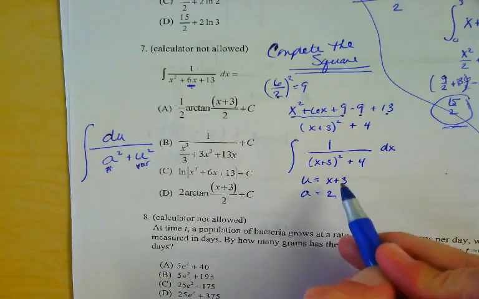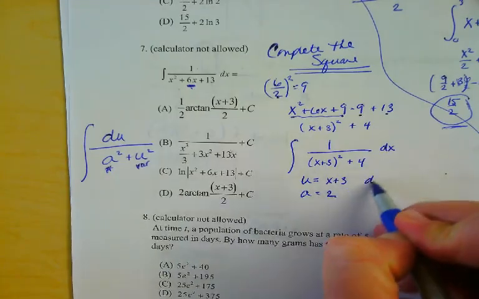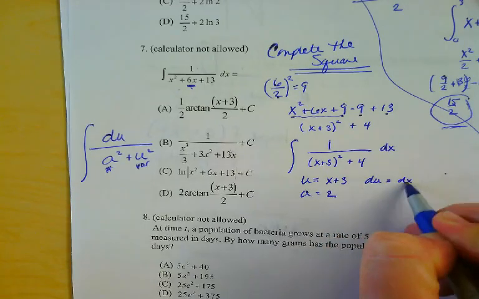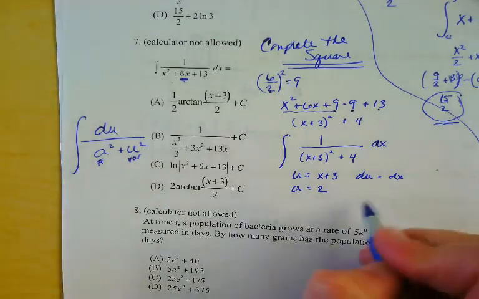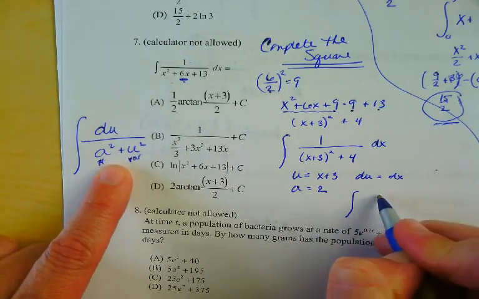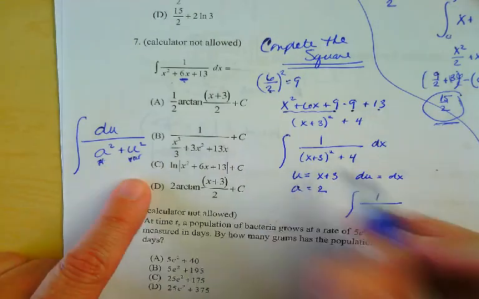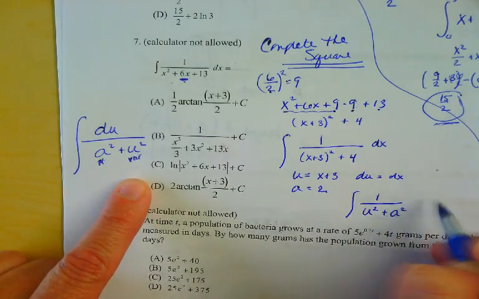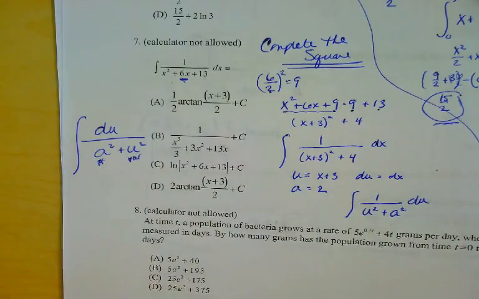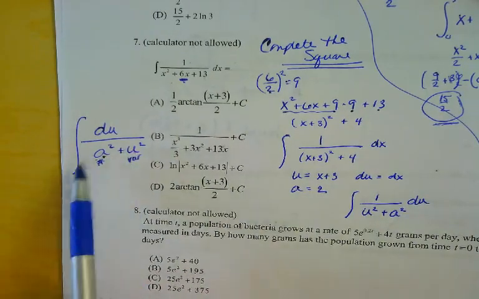Now, because you have a u, you also have to do a du. So my du just happens to equal dx, which is nice. I don't have to pull any numbers out. Okay, so I'm going to put it in terms of this. So I have 1 over my x plus 3 was my u, so that's my u squared plus my a squared times my du that we substituted in. And obviously the addition order does not matter.